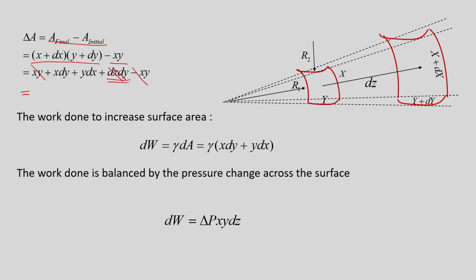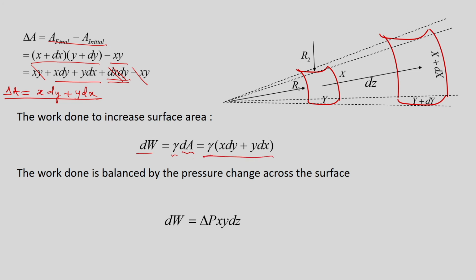So, what you have is x dy plus y dx. Okay. So, this term you should remember. So, this is the net change in area. So, now you see I just changed the area. So, the total work done is just the net change of area into the surface tension. So, this is the expression.